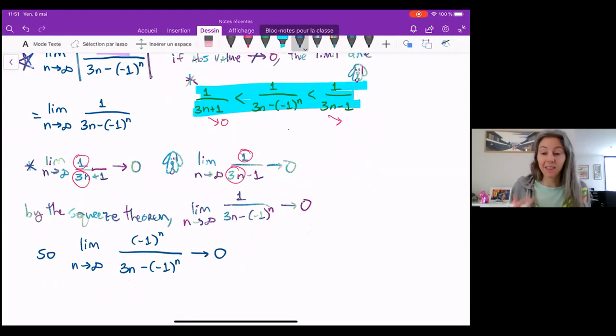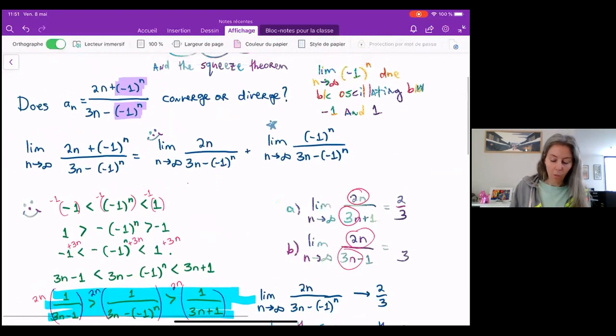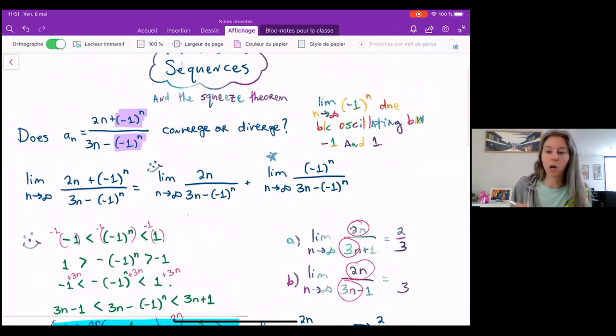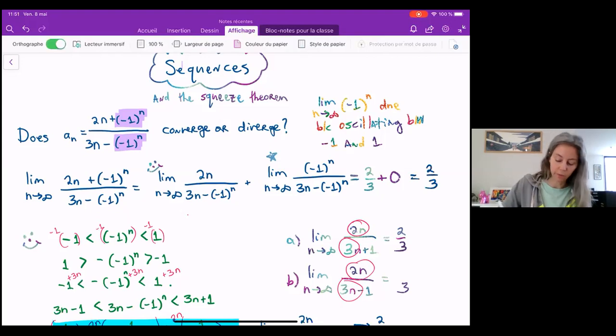Okay, let's put this all together. So what we had started with was this limit right up here. So we're gonna write our final answer right here, which means that we got that smiley face was going to 2/3 plus star was going to 0. So this thing right here actually equals 2/3.